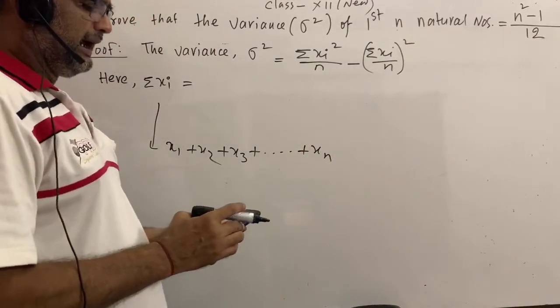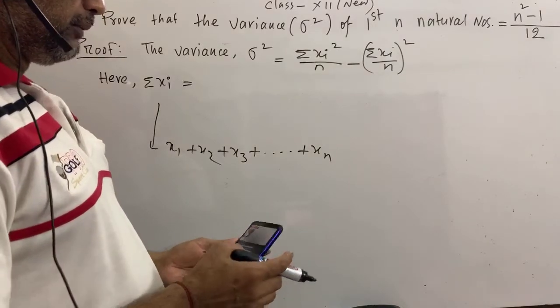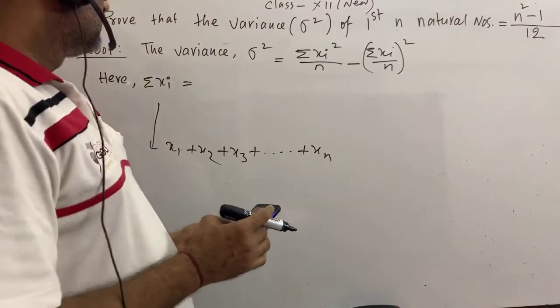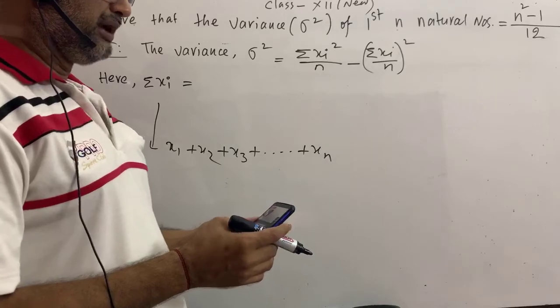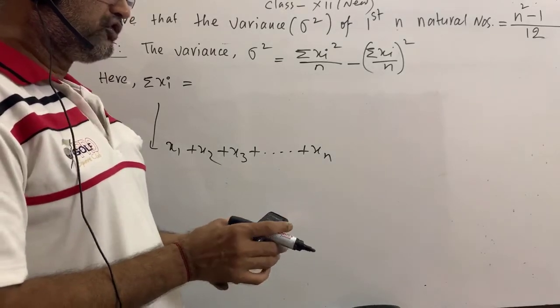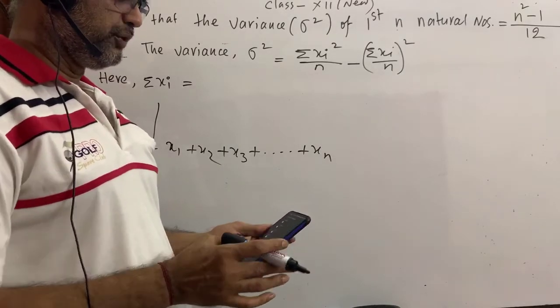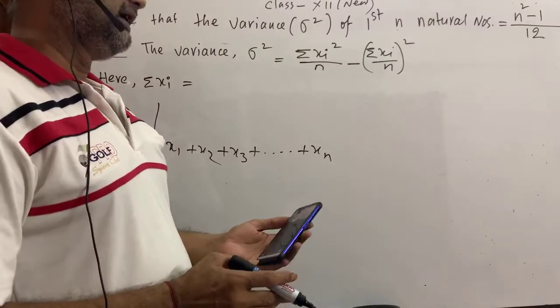Sum of xi means x1, x2, x3, x4 up to xn.